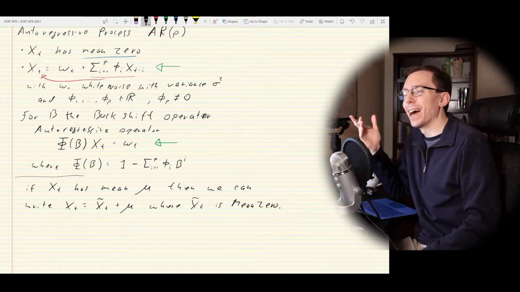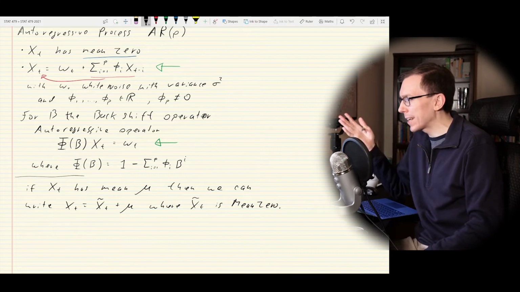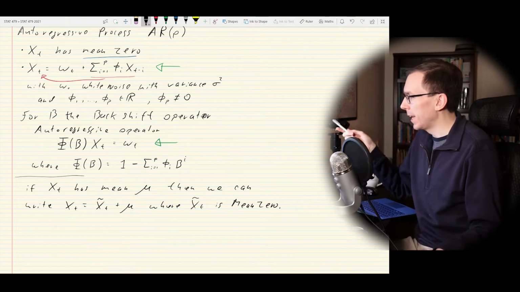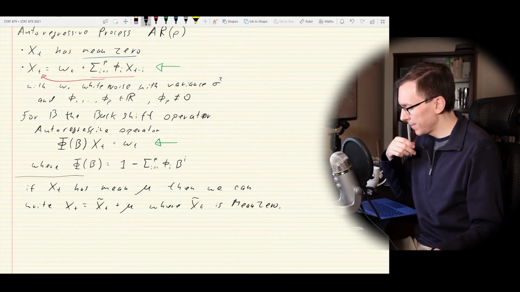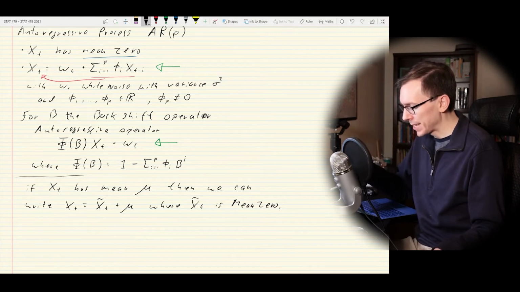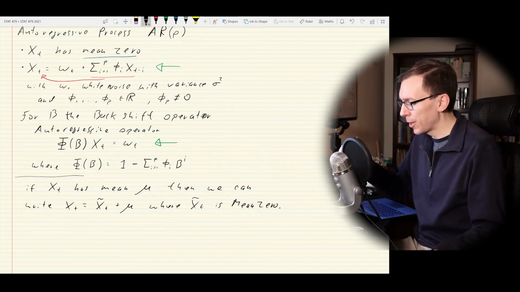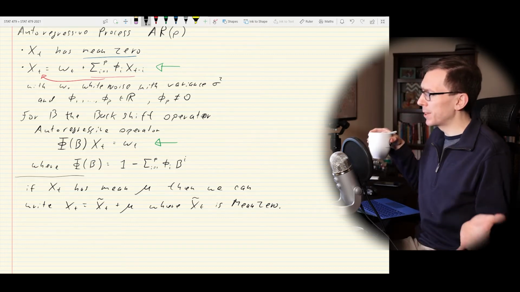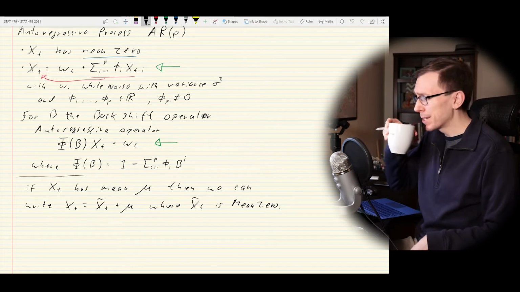Okay, well, that's fine, right? We're basically saying we can subtract off the mean and we'd get a mean 0 process. But if we want to look at that in terms of the autoregressive formula, the one up above, the first green arrow up at the top of the screen, well, what we can do is plug this definition in and see what happens.